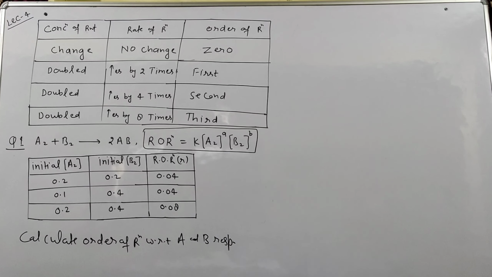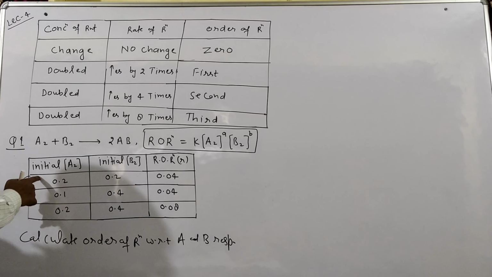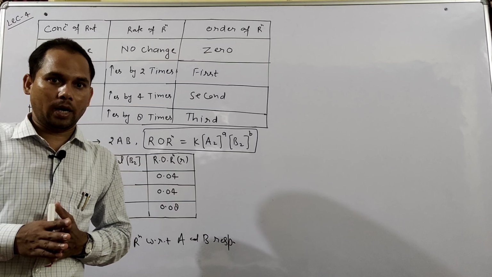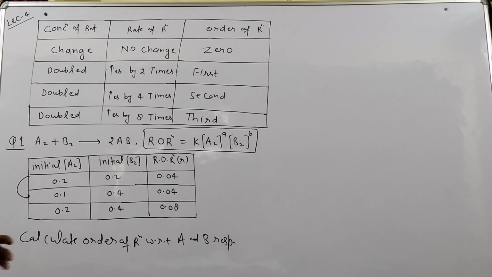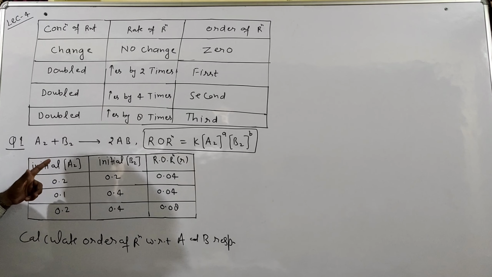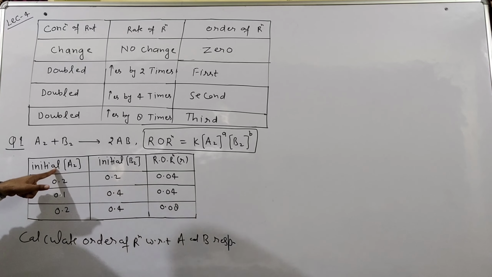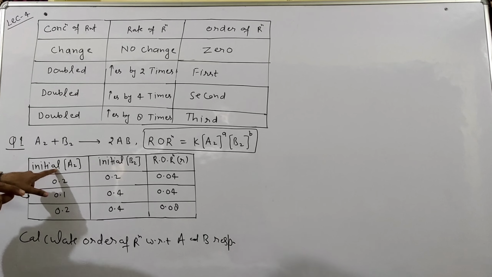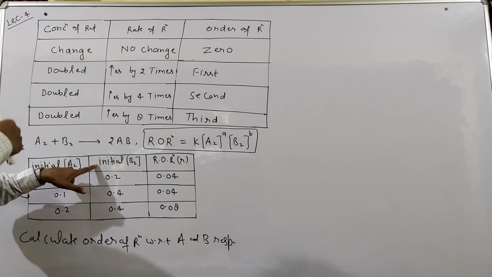Suppose we can observe this and this, and this and this, any of the two observations, we have to compare. And during this comparison, keep one more thing in mind: if you are calculating the order of reaction with respect to A, then the concentration of the other reactant should be constant.